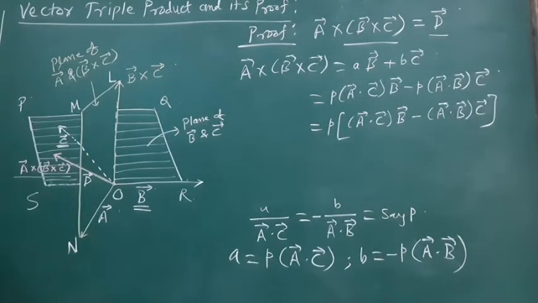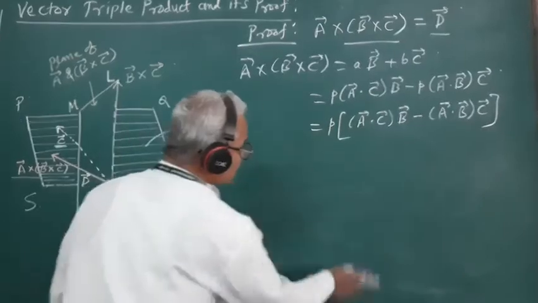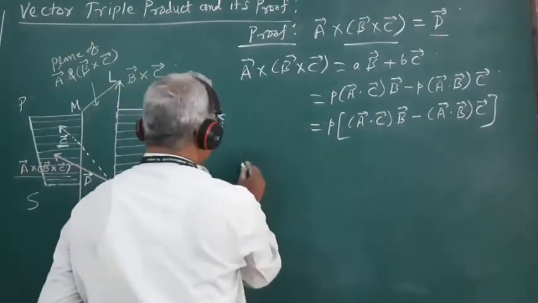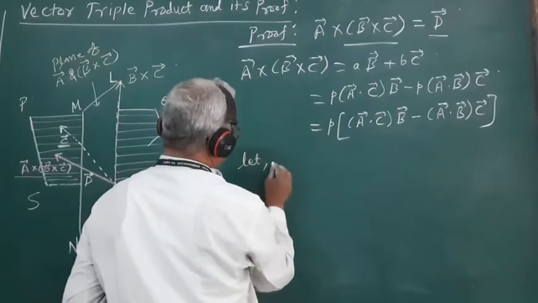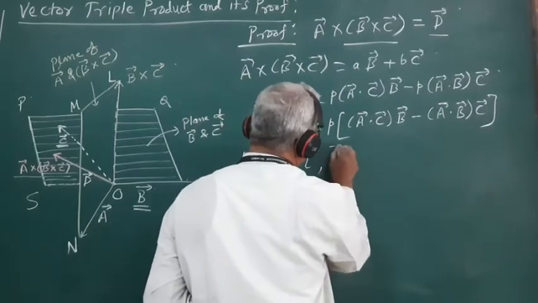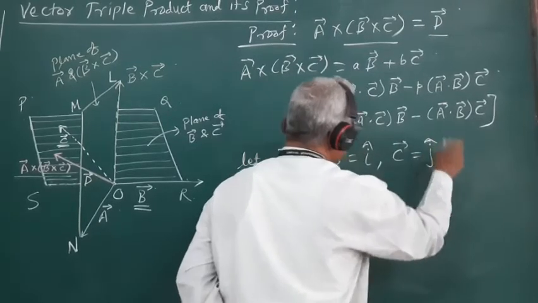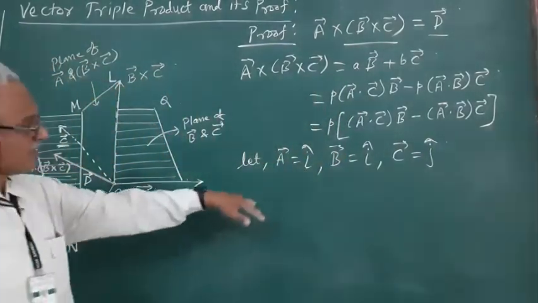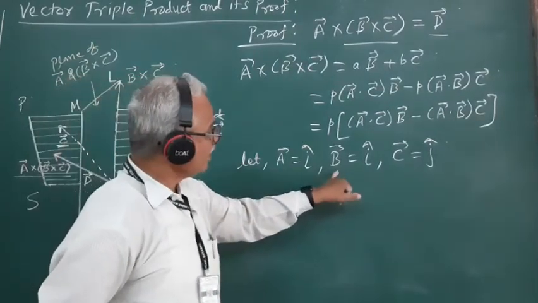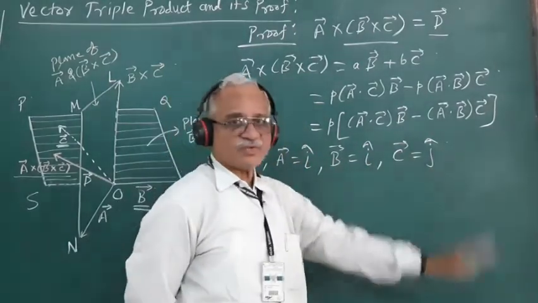By considering the appropriate unit vectors, let us consider A bar is equal to I cap, B bar is equal to I cap, and C bar is equal to J cap.